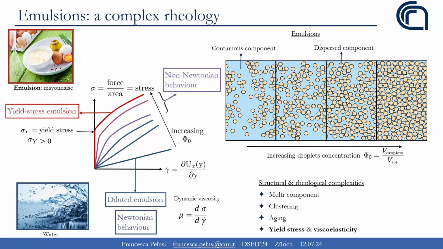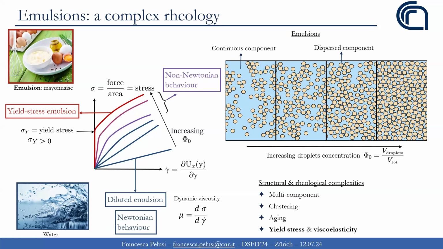If you consider a diluted emulsion like this one, then you observe that it behaves in a Newtonian way, like water, so the case with no droplets. But if you increase the number of droplets, then the rheological curve changes in a continuous way up to, for example, this rheological curve here, where there is still no yield stress, not yet at least, but the behavior is non-Newtonian because the viscosity depends on the shear rate.